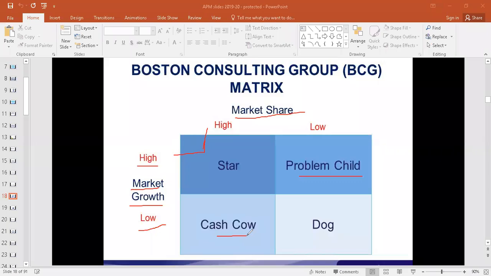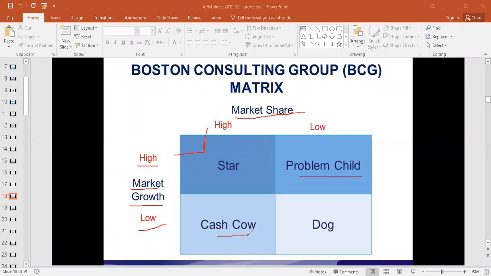So the fourth category, we see that the individual firm or business unit has not achieved anything, their market share is low.